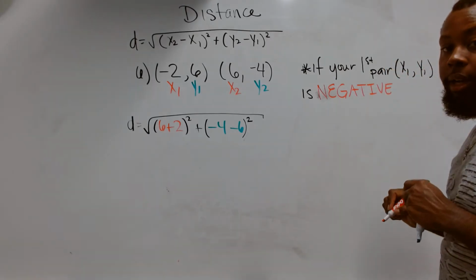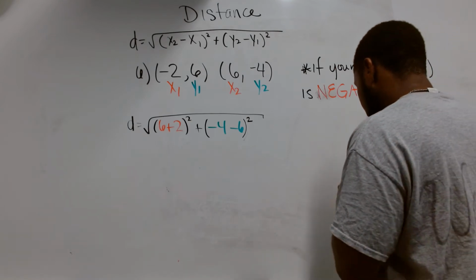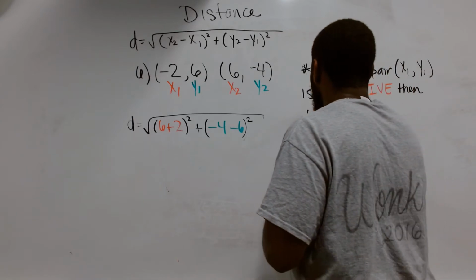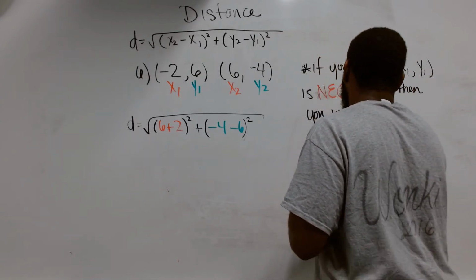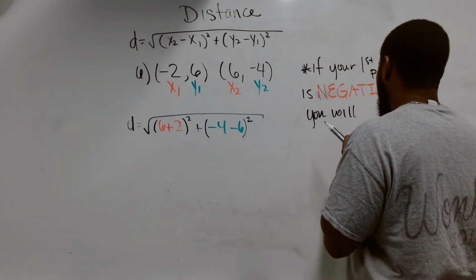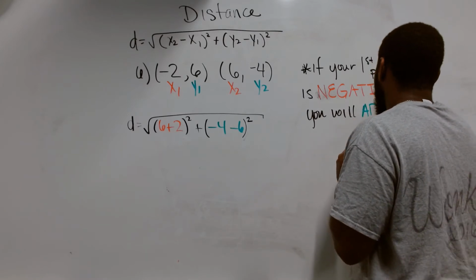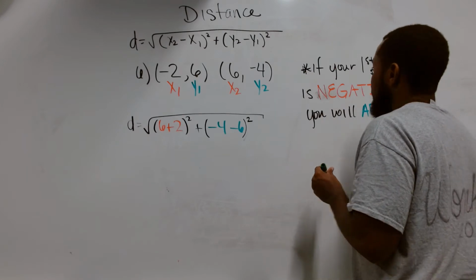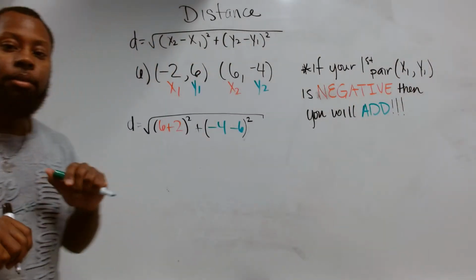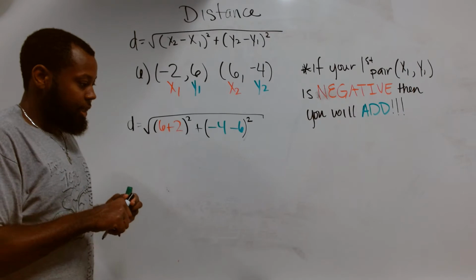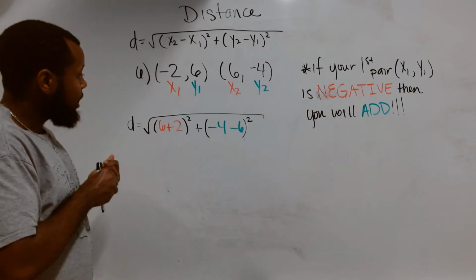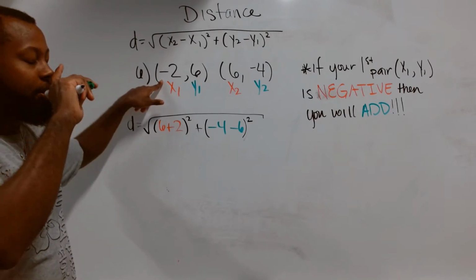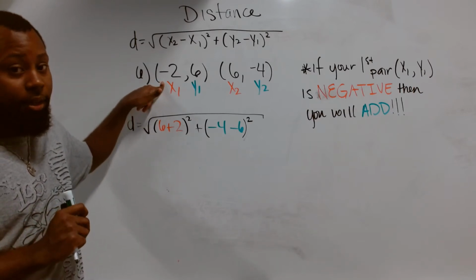If your first pair is negative, then you will add. I'm going to write in another color. Remember that. That's on your test. So, what I mean by that is this. You see how x2 is negative, right? You see how x1 was negative, right?